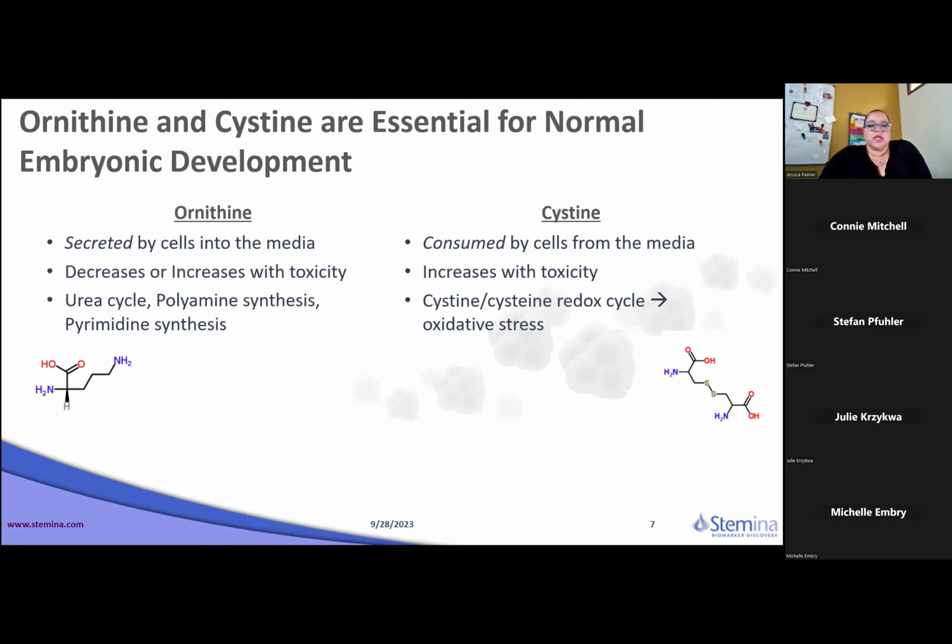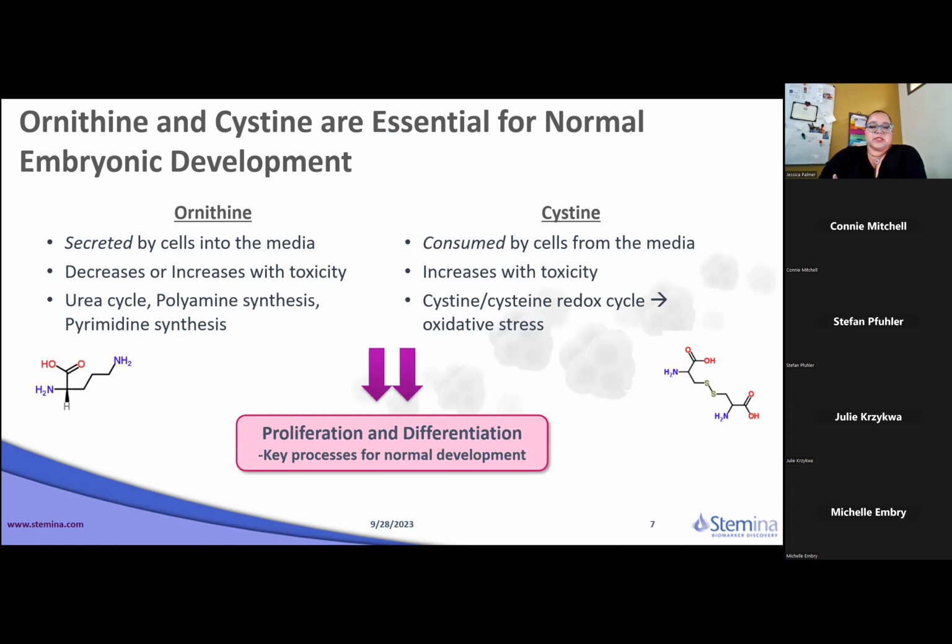Its main function is in the cystine-cysteine redox cycle, which is an indicator of oxidative stress, but there are a number of other pathways that can ultimately impact cystine uptake in the cells.